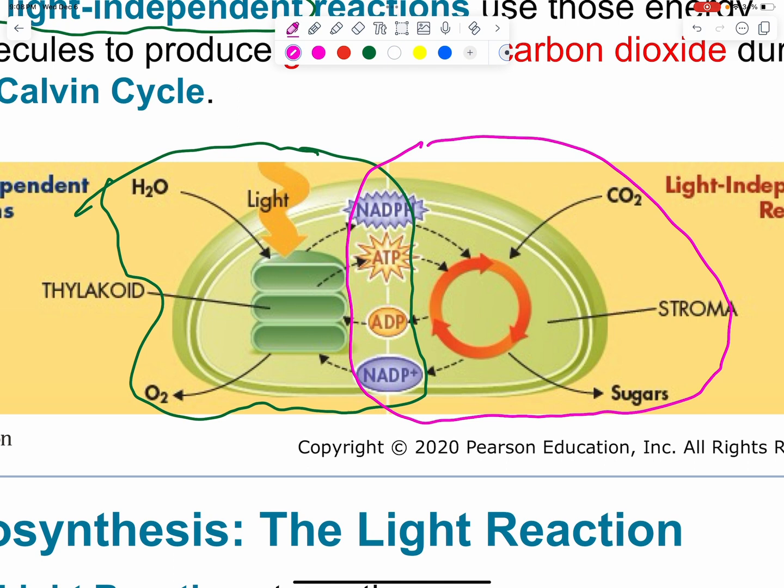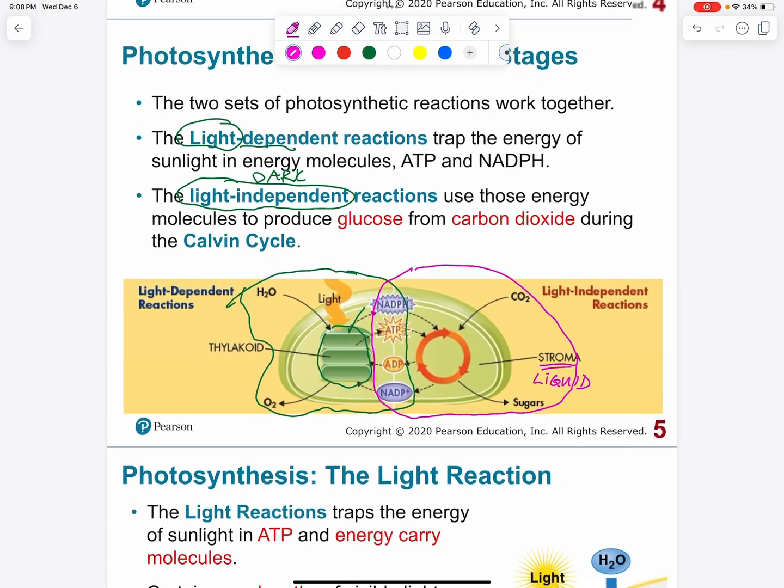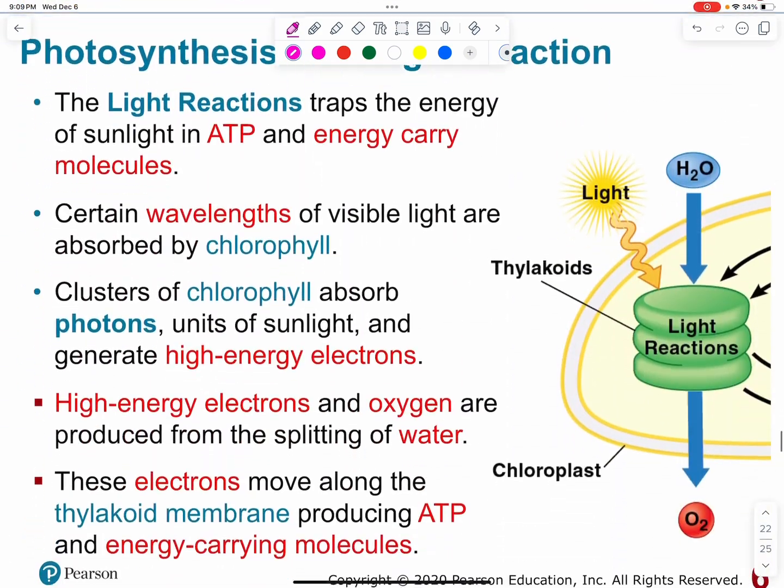One of them, the light reaction, is happening in the thylakoids, and the whole stack here is called the granum. And the other one is happening in what is called the stroma, which is like the liquid part inside of the chloroplast. So we're going to go over the light reaction.